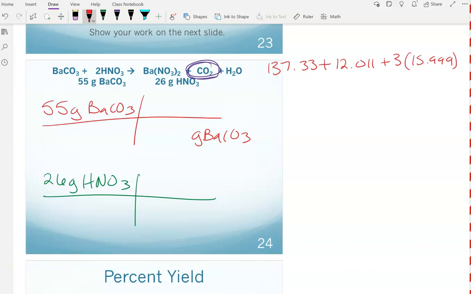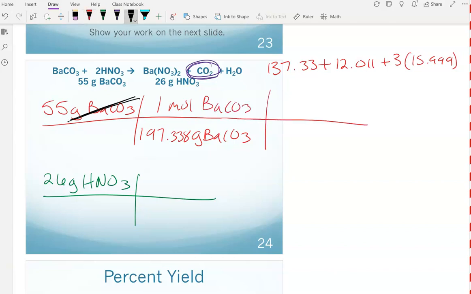So let me just get a calculator to do that. 15.999 times 3 plus 137.33 plus 12.011. Okay, so 197.338. So since I'm, again, starting with grams, I have to find molar mass because then I'm going to use this to convert into moles of BaCO3.